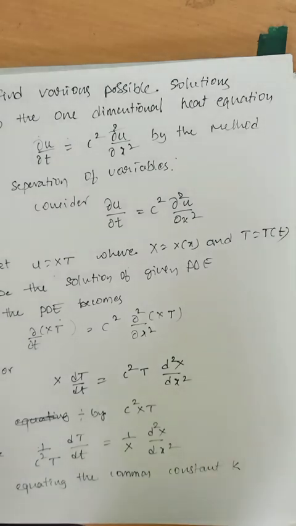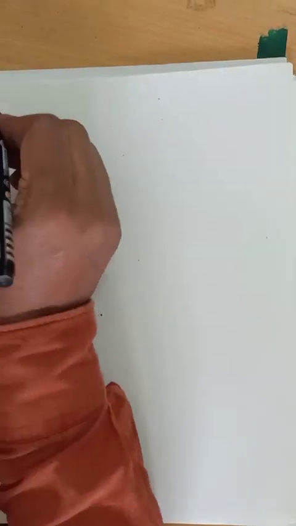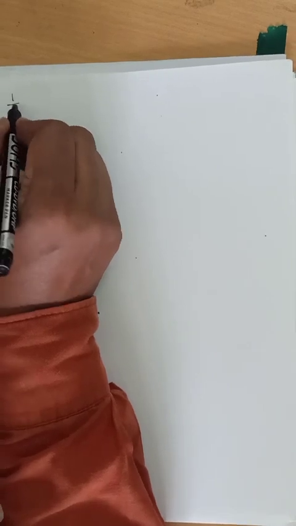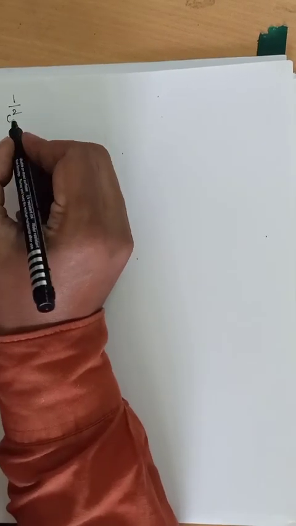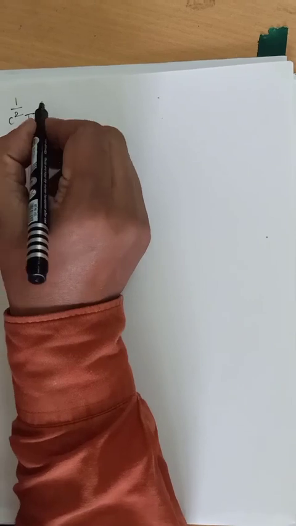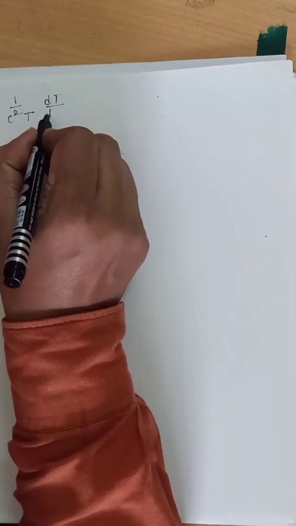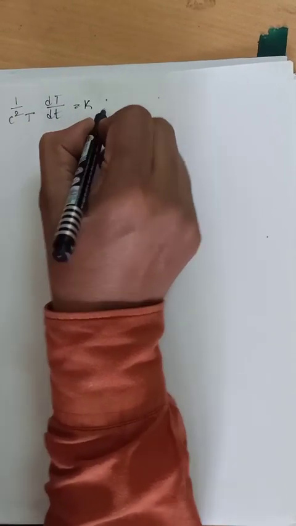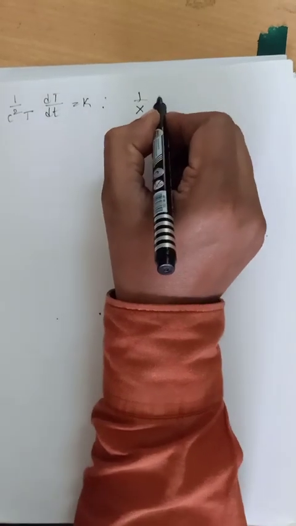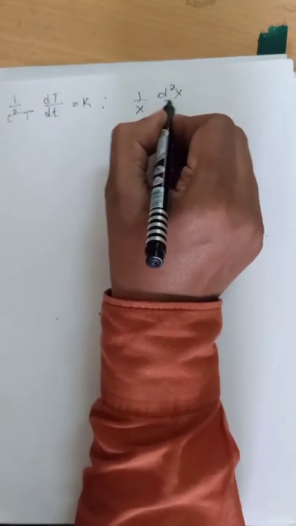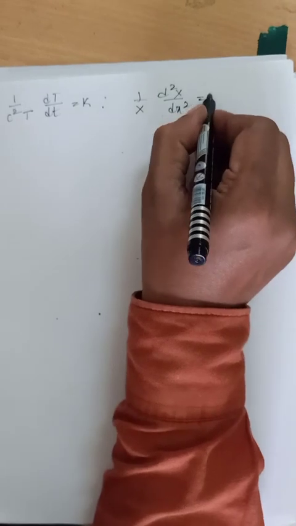Next step, that is (1/(c² T)) dT/dt = k, (1/X) d²X/dx² = k.